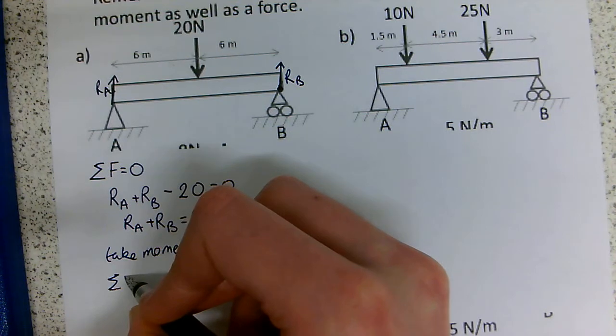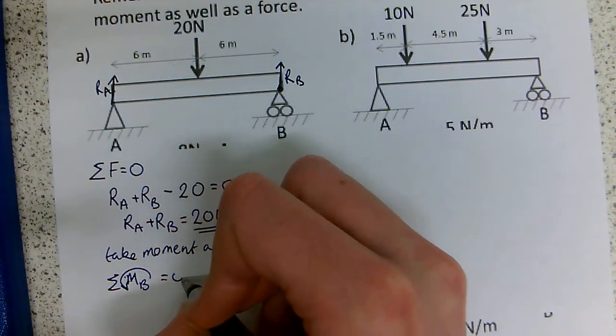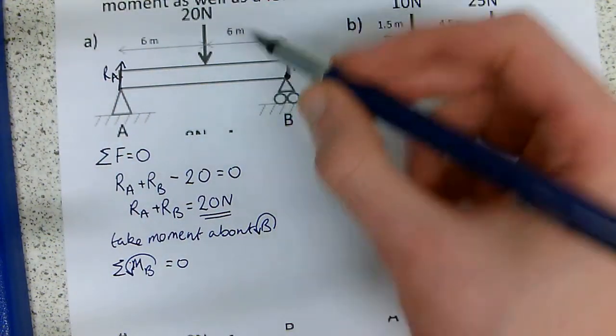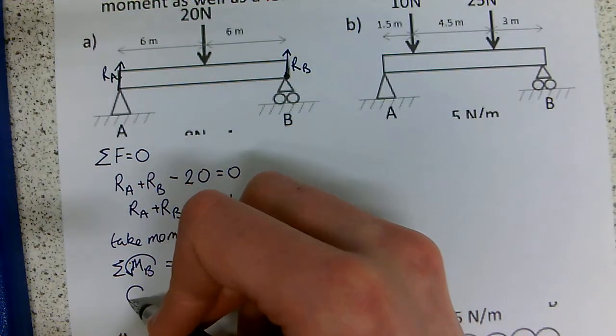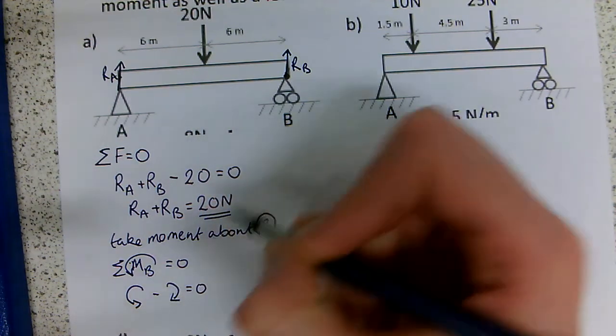So the sum of moments about B is equal to 0. Then we need to just find our moments. We do this by considering the anti-clockwise moments, take away the clockwise moments, equal to 0.